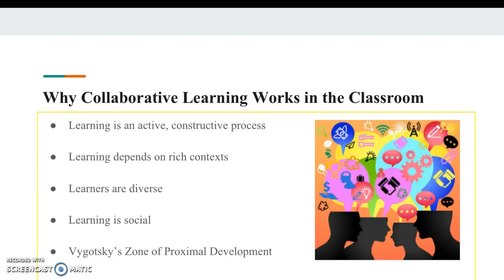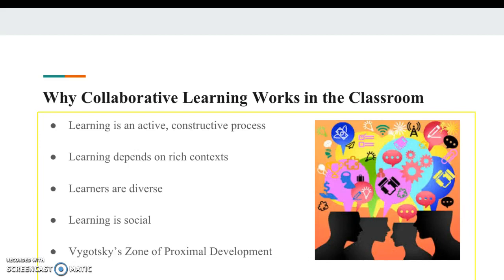Students are doing something, whether that be discussing or something more hands-on. Learning also depends on rich contexts, and so using real-world problems, situations and scenarios allows students to then apply that knowledge.